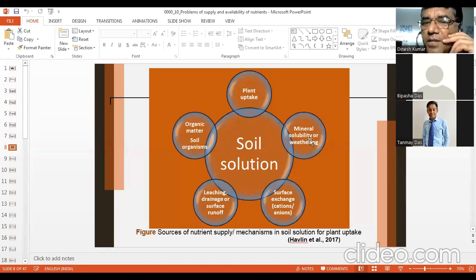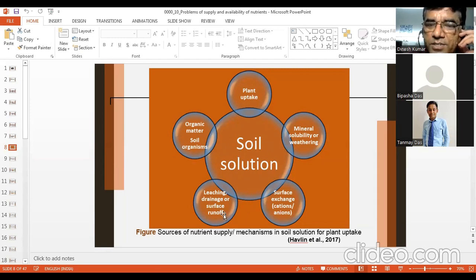They can reach the soil solution, or weathering of rocks can also result in mineral supply to the soil solution. Surface exchange, for cations and anions, means from exchangeable sites the nutrients can come here, and there may be losses of nutrients from this soil solution.